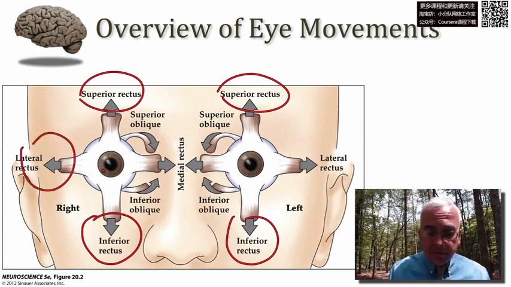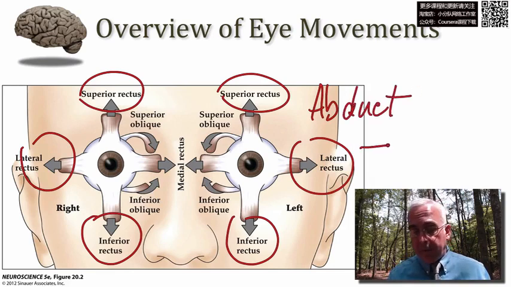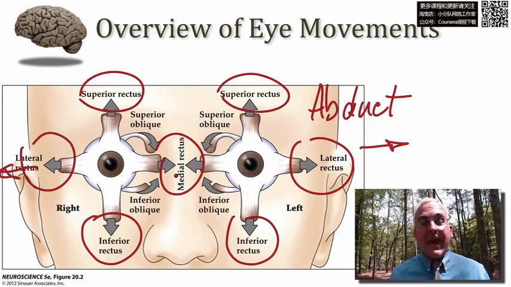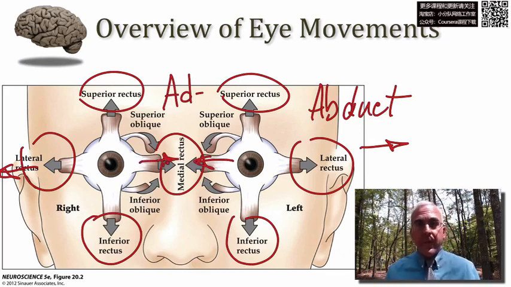There are lateral rectus muscles that abduct the eye, which means move the eye towards the lateral side. And then there are medial rectus muscles that adduct the eye, move the eye towards the midline. Okay, so these four muscles work more or less in a Cartesian manner, pulling the eye along one standard axis of orientation or another.